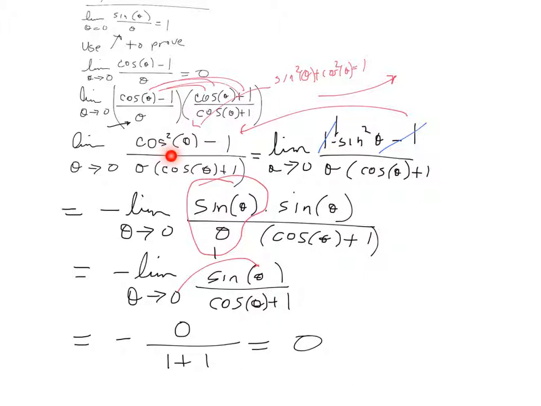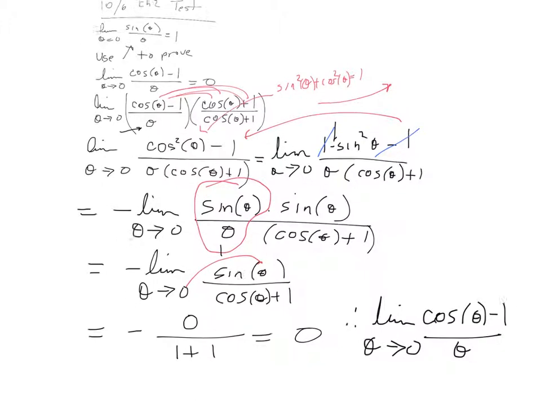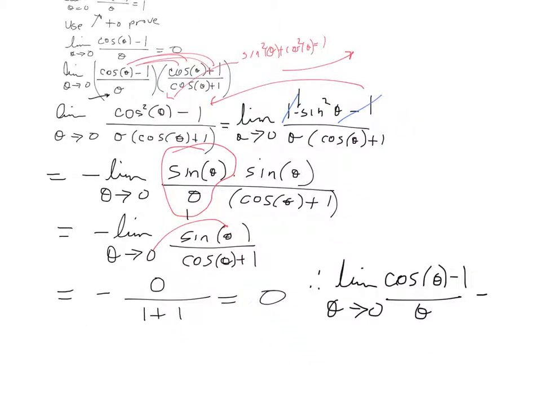You remember that whole sine squared cosine thing, and that got me a sine in there. So that was the perfect way to do it. All right. And if you want to be technical, you should say, therefore, the limit of the cosine theta minus 1 over theta as theta goes to 0 equals 0. And so thus you have proved it.